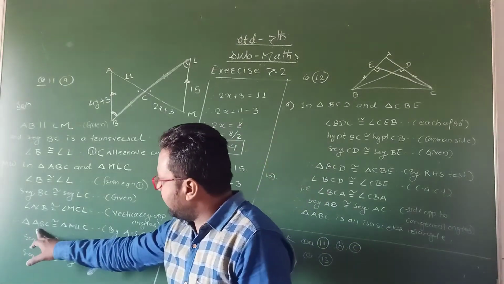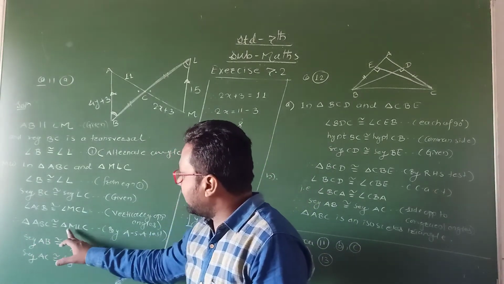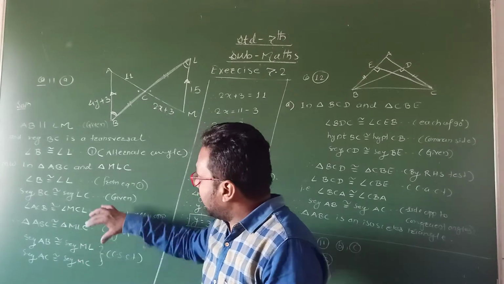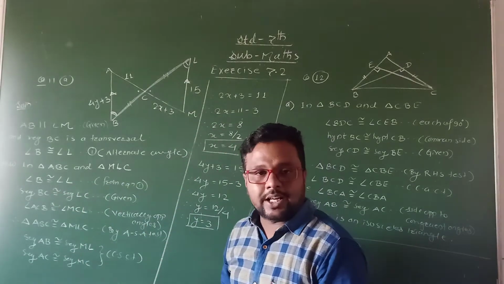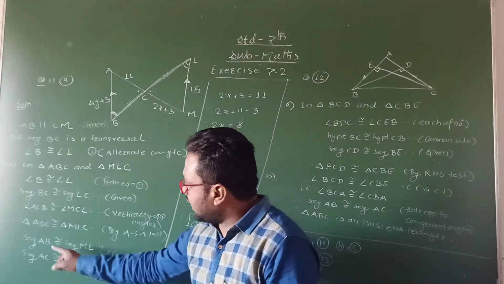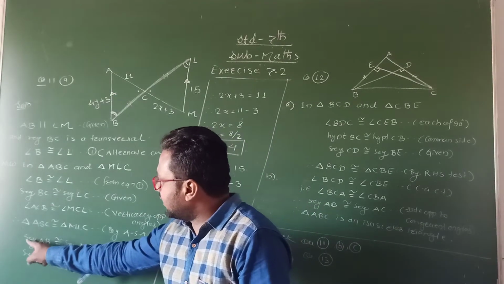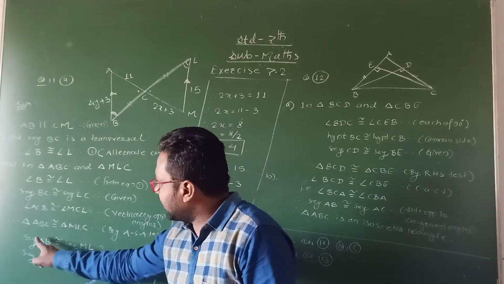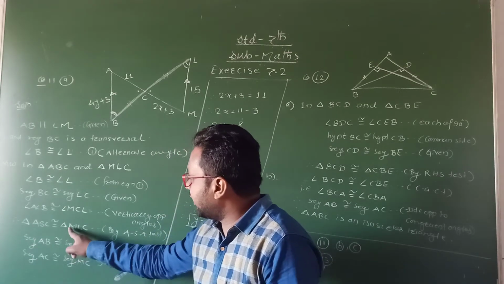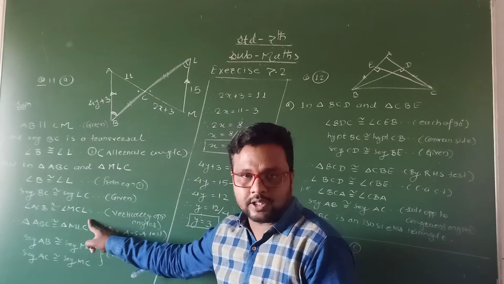Triangle ABC is congruent to triangle MLC. If these two triangles are congruent, their corresponding sides are equal, right? Which are the corresponding sides? Here we take segment AB is congruent to segment ML. Segment AC is congruent to segment MC according to this correspondence.